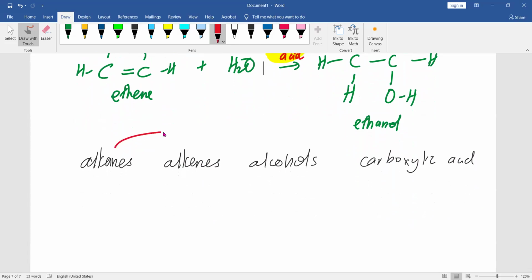We learned just now alkanes can change to alkenes by cracking. Combustion is different, that one does not change. Alkene we just learned can change back by addition of steam.